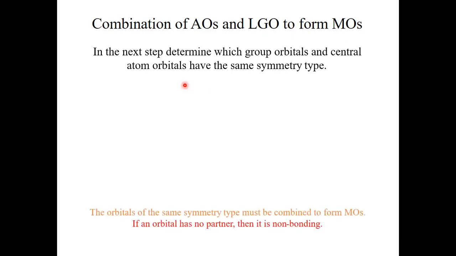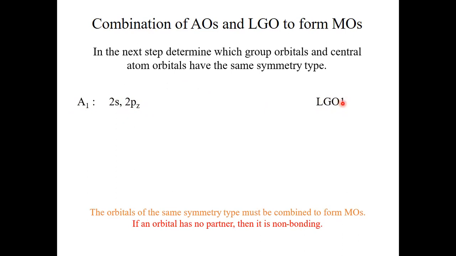Let's start, for instance, with the symmetry type A1. On the central atom side, we have determined that the 2s and the 2pz orbital have this symmetry type A1. And we've also determined that there is one ligand group orbital that has that symmetry type A1.